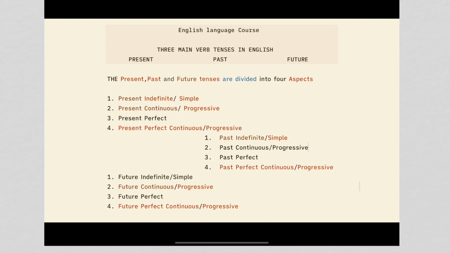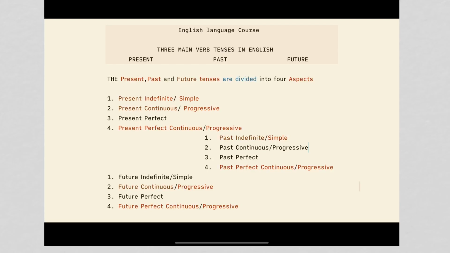How they've been divided is like present indefinite simple tense, present continuous or progressive, present perfect or present perfect progressive one. And same for the past, past simple or past indefinite, past continuous or past perfect progressive or continuous. Same for the future one as well. Today I will cover present simple tense in full detail.